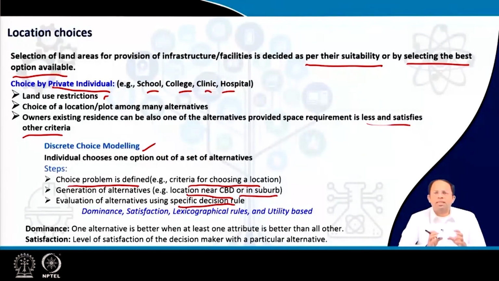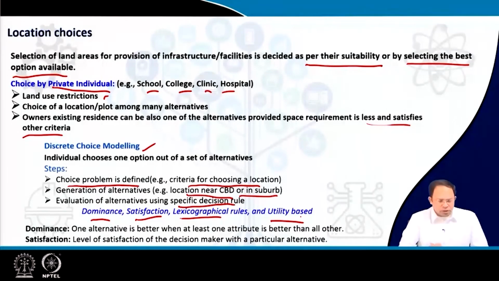So he has to have a certain decision rule using which he will choose this particular alternative. So what could be the decision rule criteria? There are different ways we can take a decision in this regard. One is dominance, other is based on satisfaction, other is called lexicographical rules, and finally utility-based decision making. Now let us go one by one for each one of them.